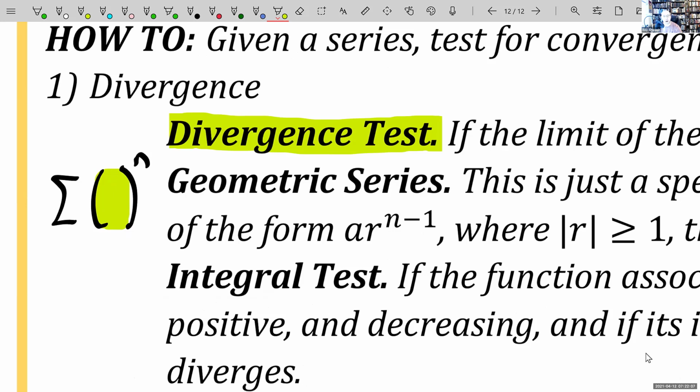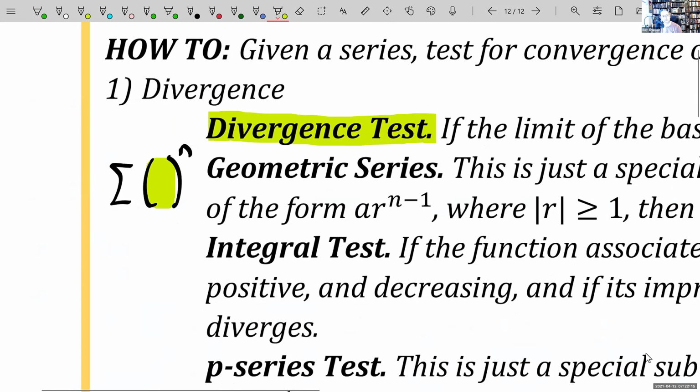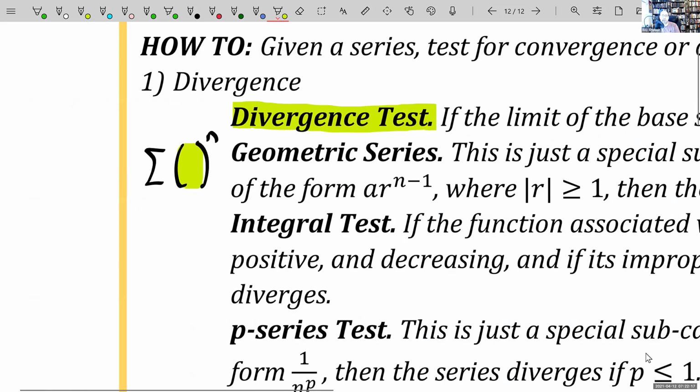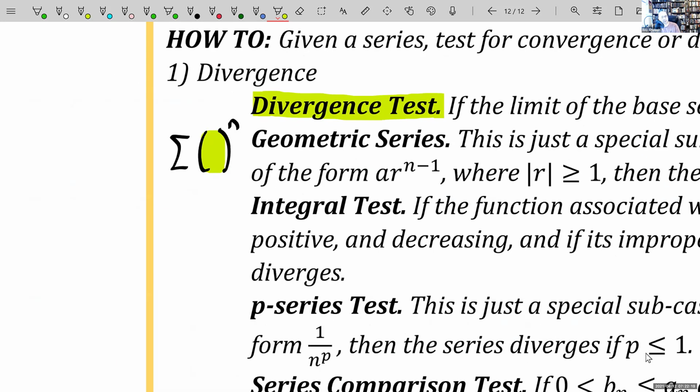To be honest with you, I save the integral test to the last. Usually the integral test is not my favorite test to use, so I kind of hold off on that. The P-series test is also incredibly rare to be able to use. You usually use it within another proof.